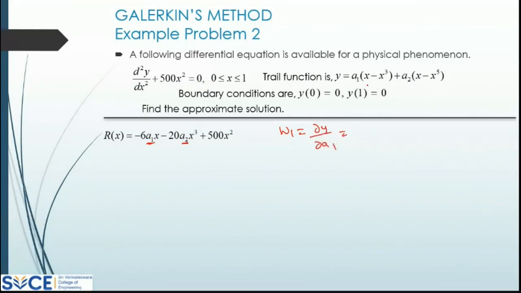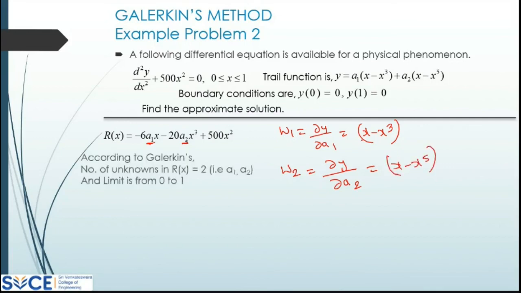When I partially differentiate this, I will get x minus x cube. That is my first term. Next, I have w2, which is dou y by dou a2. When I partially differentiate it, I will get x minus x to the power 5. This is my next term. So these are the things I have to multiply.